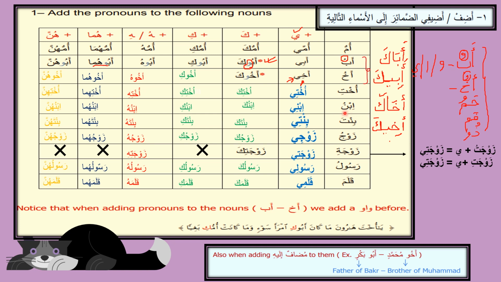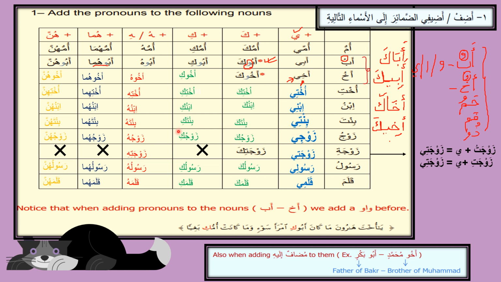Binta. Here our noun is in mansub case because the last letter ta has a fatha. So binti, this happens with the ya mutakallim. The ta was forced to take a kasra here. Originally it has a fatha, but because of the ya mutakallim, it was forced to take a kasra. Binti, that means my girl or my daughter.